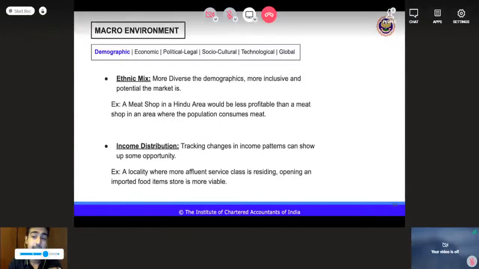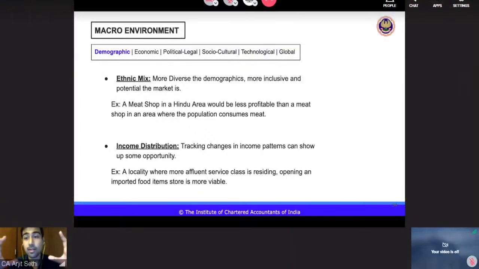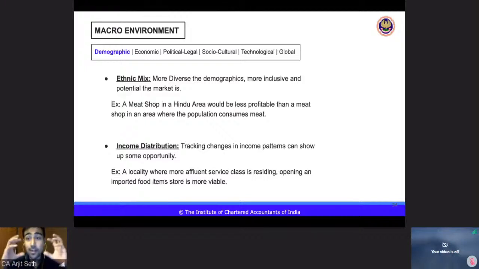Let's talk about a community, a small area in Mumbai which has a lot of Gujaratis living there. From a business perspective, I have to understand the ethnic mix. I cannot go and open a chole bhature shop in a Gujarati area. I can open it, but that is not very lucrative. However, if I open a dhokla shop in a Gujarati area, that works. This is just an example.